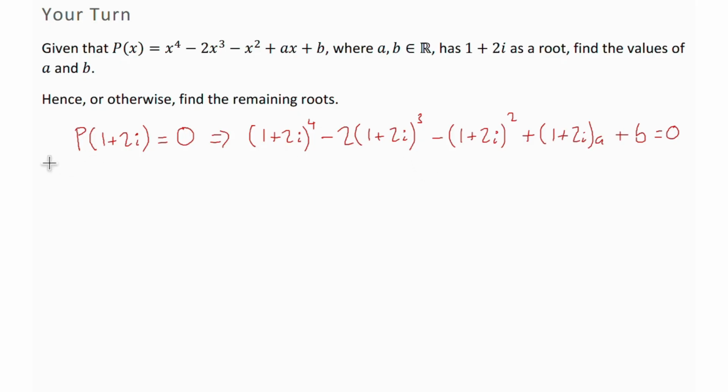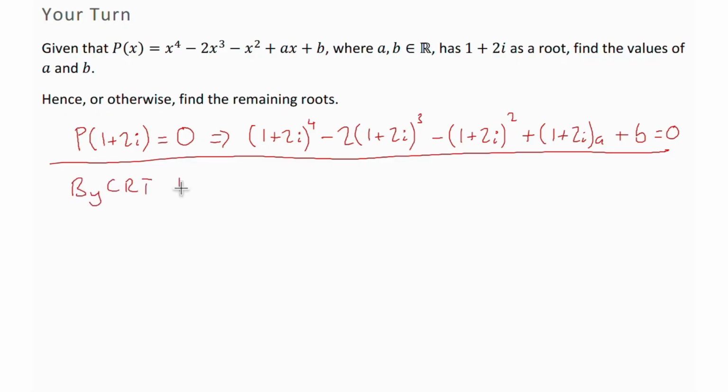Okay, so let's park that for a second. We'll come back if we need to. Given that 1 plus 2i is a root, by the conjugate root theorem, 1 minus 2i is also a root.